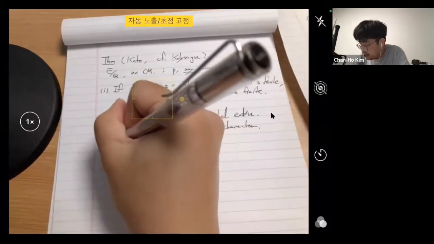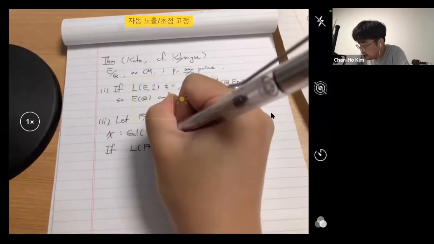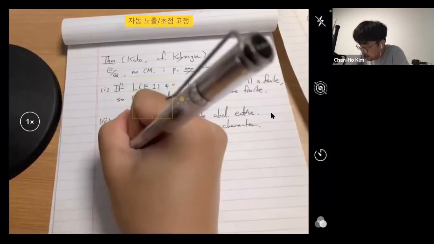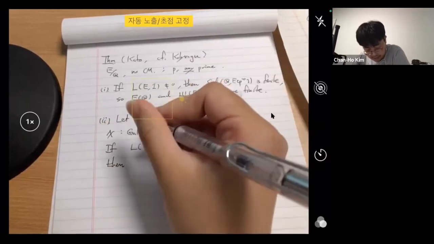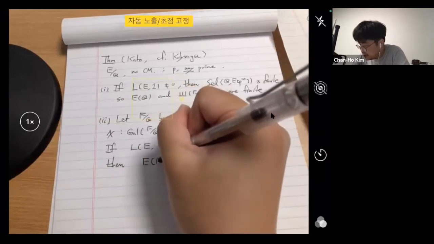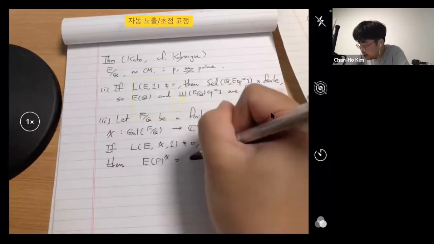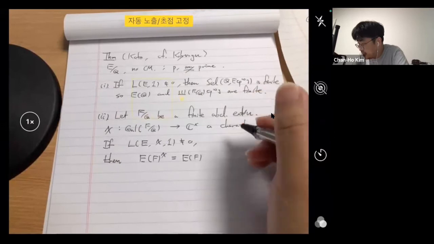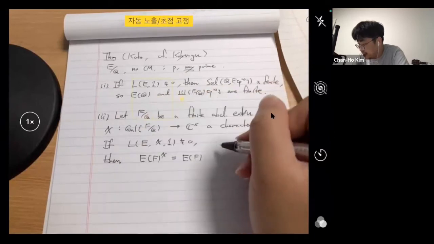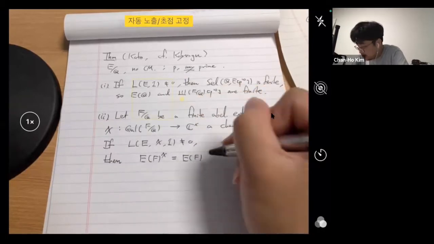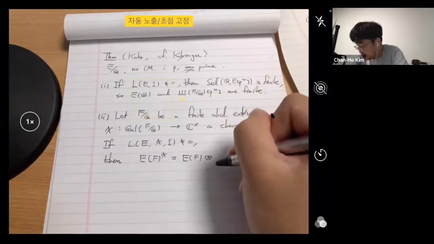And if the twisted L value is not 0, then the chi-isotypic part of E's F-rational points, which means E(F) naturally allows the action of the Galois group of F over Q, so we just consider the chi-eigen part.